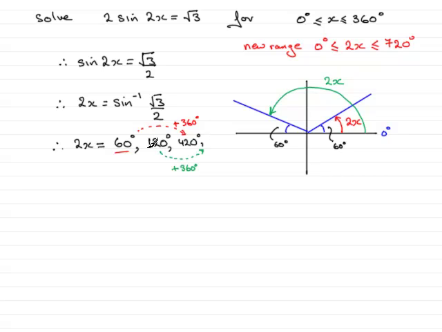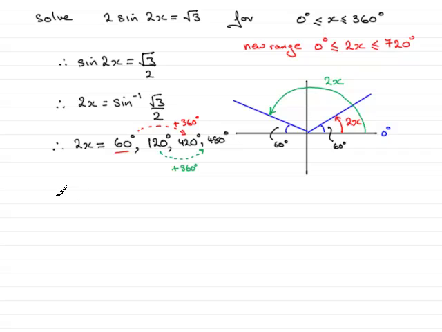Adding 360 to 120 gives 480, so pop 480 degrees in there. If I were to add another 360 degrees to the 420 degrees that we had here, I would get 780 degrees, and you can see that's out of range. So these are all my solutions.